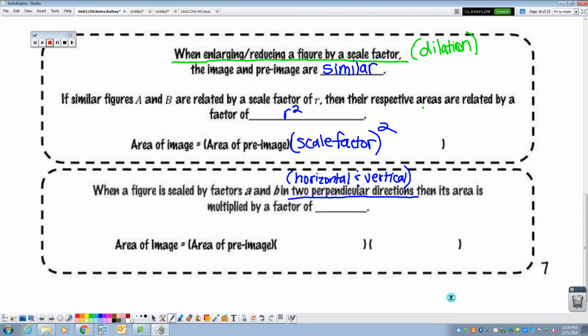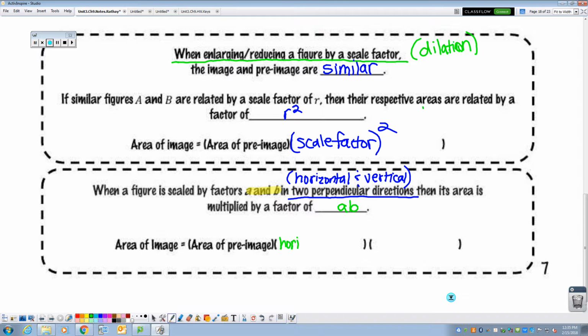So if we change it by A and B, the area is going to be multiplied by AB. And we saw that on the inside of the foldable also when we were completing the investigation.